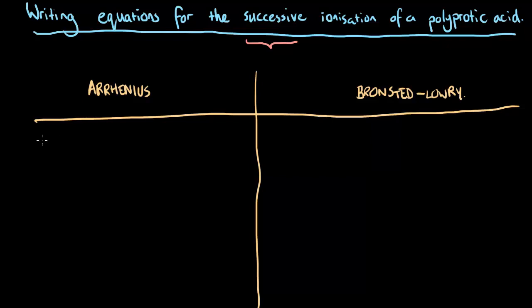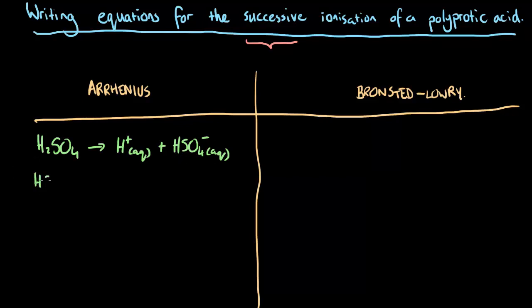Let's start with the Arrhenius theory. So we put the formula of sulfuric acid, and according to Arrhenius theory, this dissolves in water to make H+. So it releases one H+ ion, and then we've got still HSO4-. So that is the first step of the ionization of sulfuric acid. The second step is that this hydrogen sulfate ion can also ionize because there is a second ionizable proton.